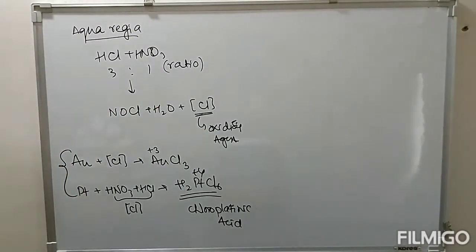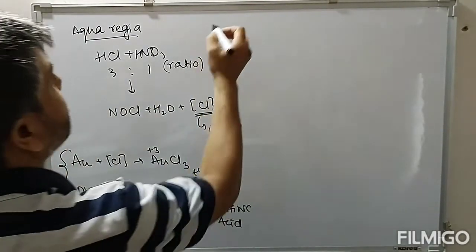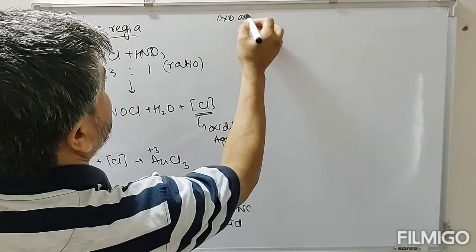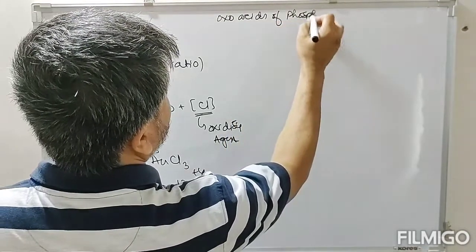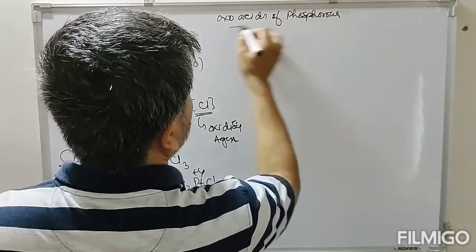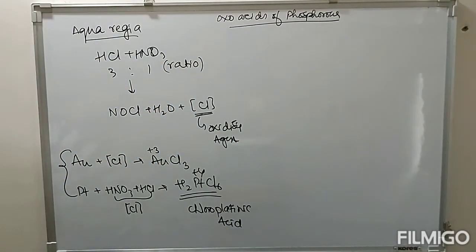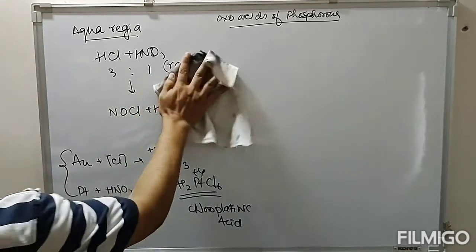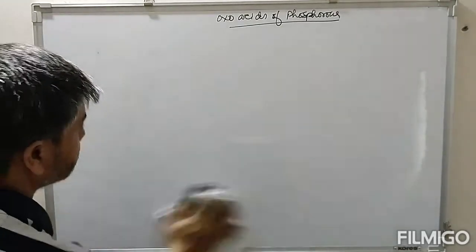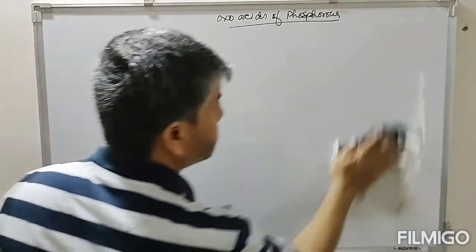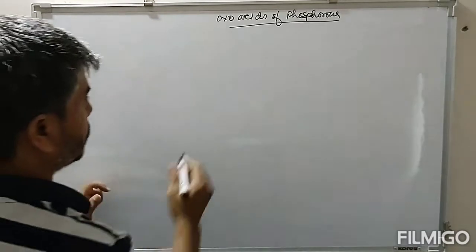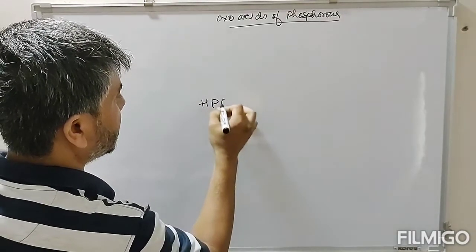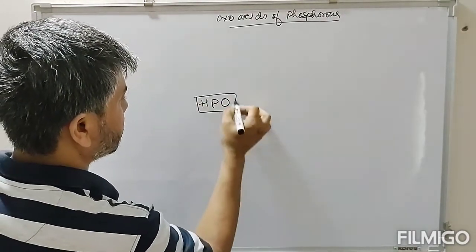Now coming to oxoacids of phosphorus. Oxoacids of phosphorus. For this I'll give you a tabular form. So we have HPO starting from this.